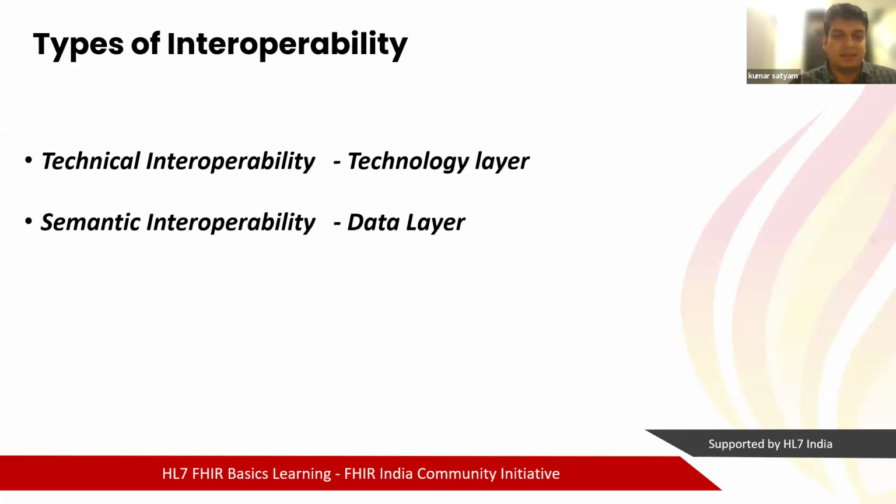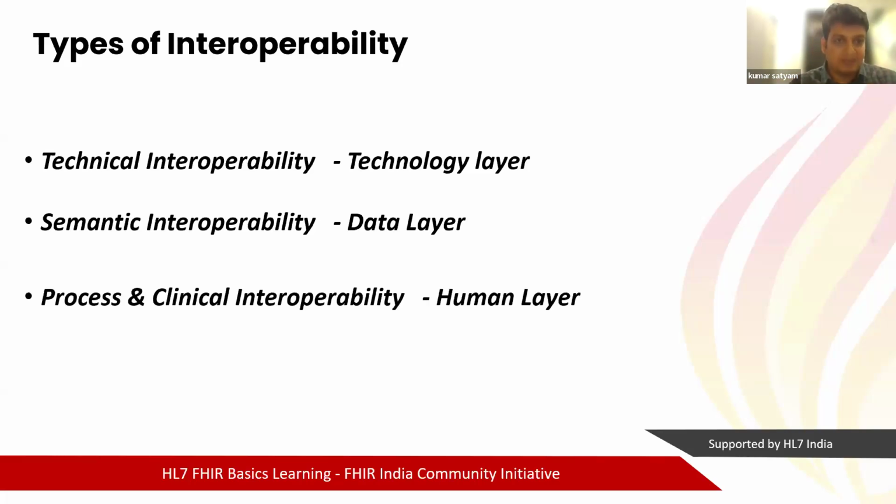That's the data interoperability layer, which means that the data being exchanged is able to be understood by the receiving party. So the sender is able to send the data in the format and with the meaning that the receiver can receive and understand. Okay. So once you have the data layer in place, then comes the human layer.